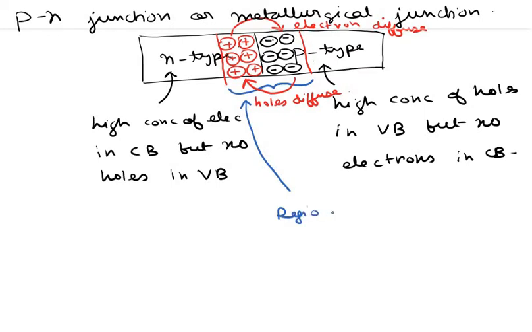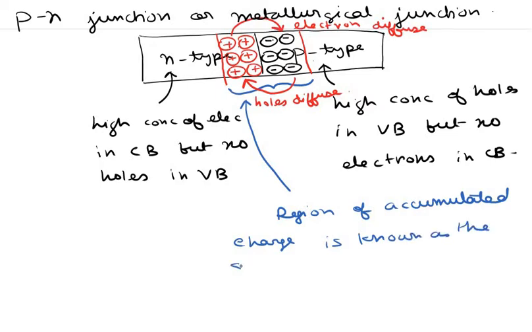So this region of accumulated charge is known as the space charge region or the depletion region.